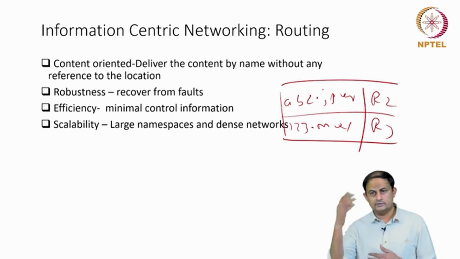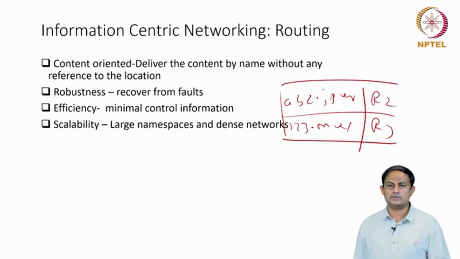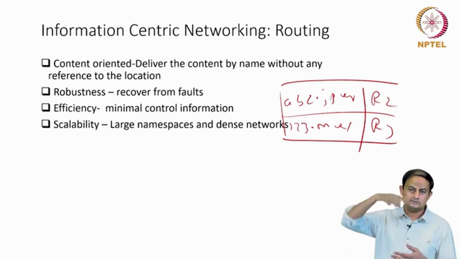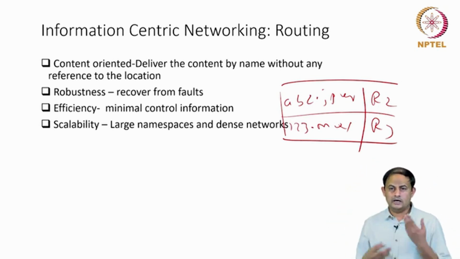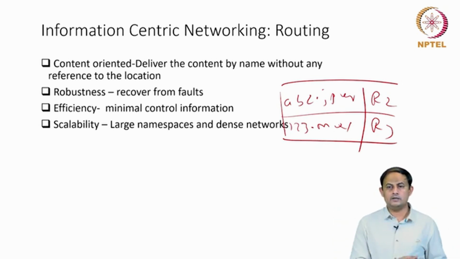And of course, this mechanism also needs to be scalable enough, because larger namespaces coupled with very dense networks with a large number of producers put pressure on the routers themselves. Not only that, the larger the routing tables you have, the longer it takes to propagate that information to your neighbors.